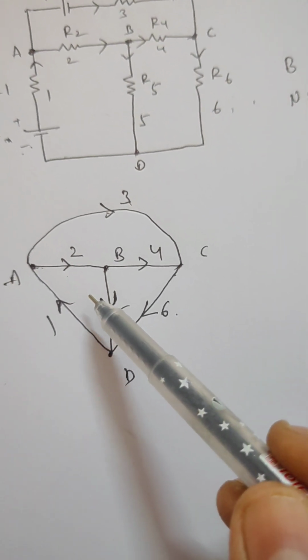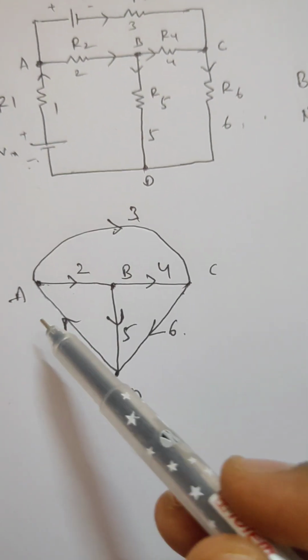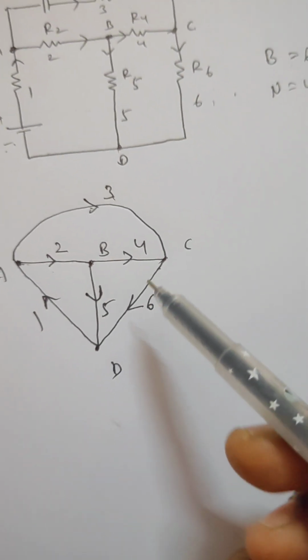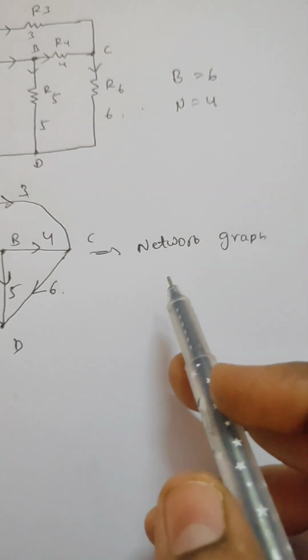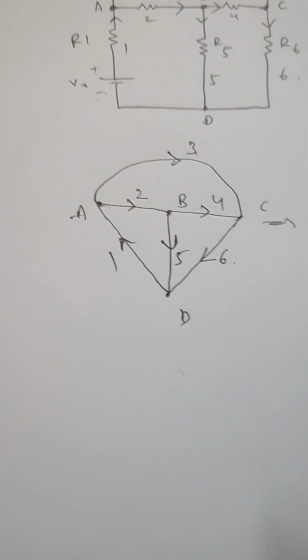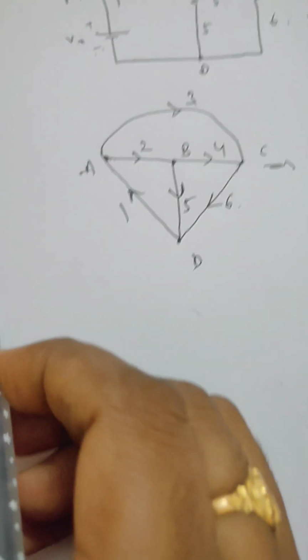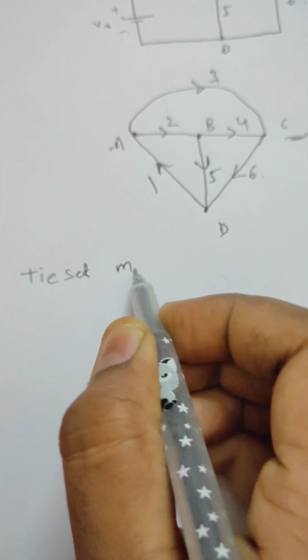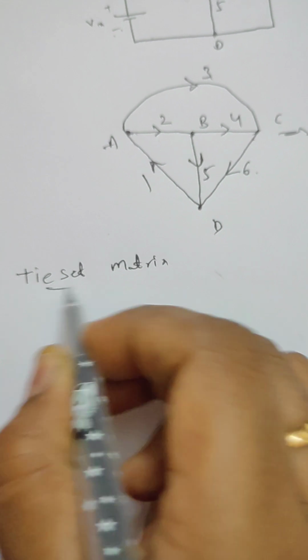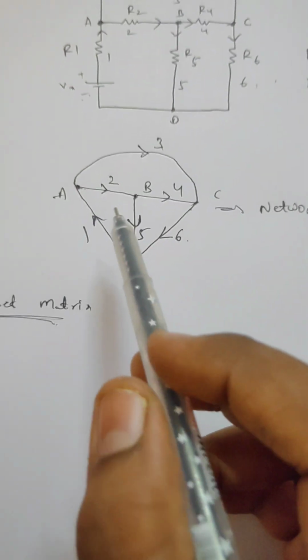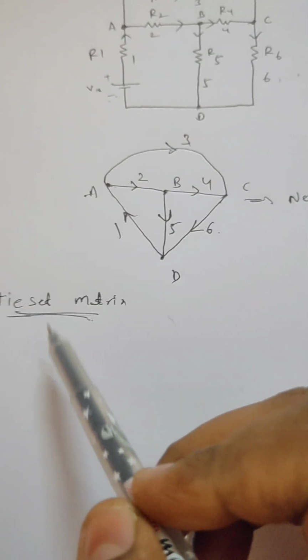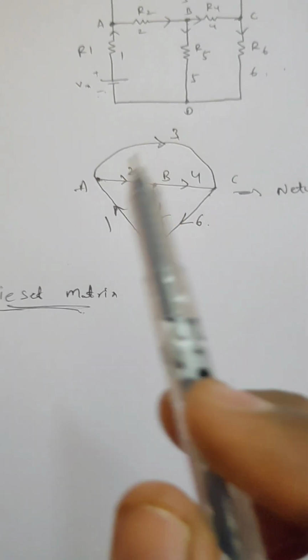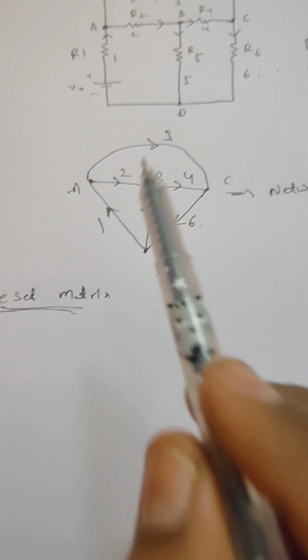From this network graph we have to identify the tie-set matrix as well as the cut-set matrix. This is the equivalent network graph. Now first of all we will write the tie-set matrix. To write the tie-set matrix or cut-set matrix, first we have to choose a particular tree.